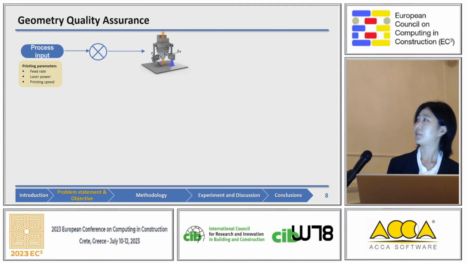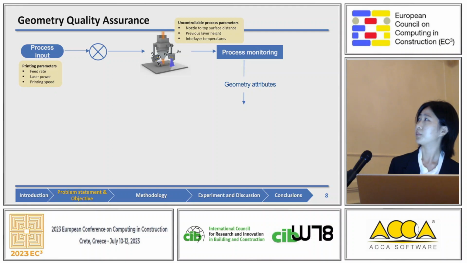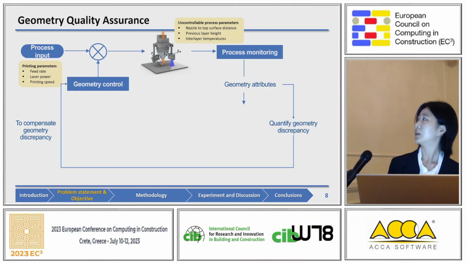When we give the fixed process input, the fixed printing parameters, the geometry might deviate. So we develop the process monitoring system to monitor the uncontrollable process parameters as well as the geometry attributes. And by quantifying the geometry discrepancy, to compensate the geometry discrepancy, we need the geometry control.